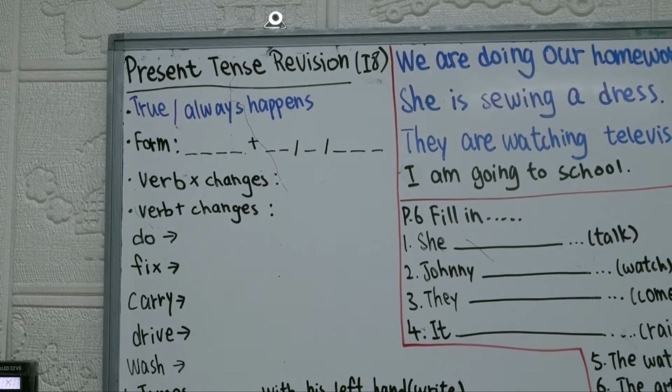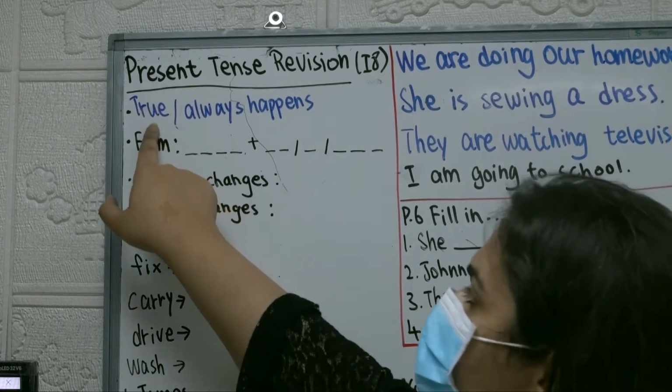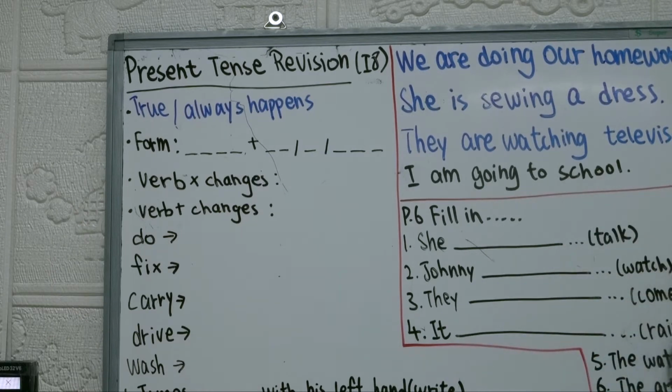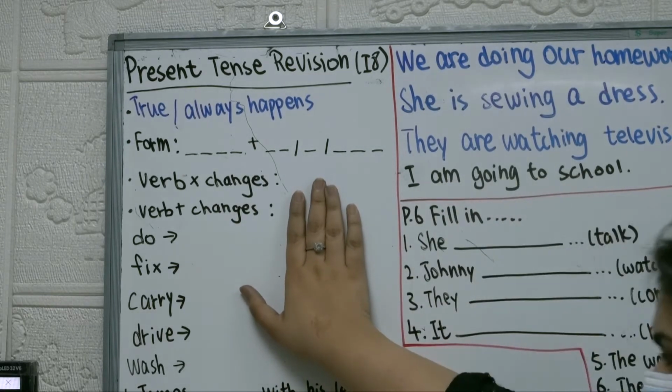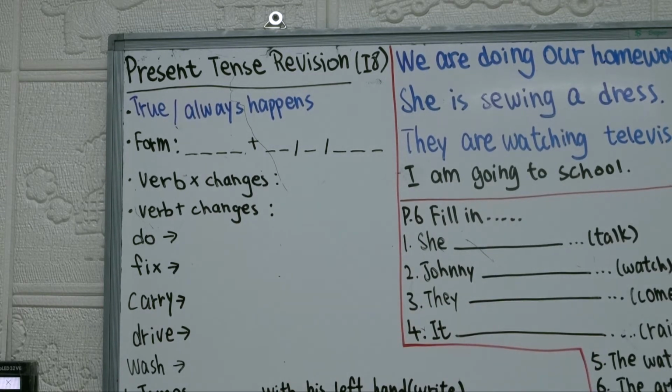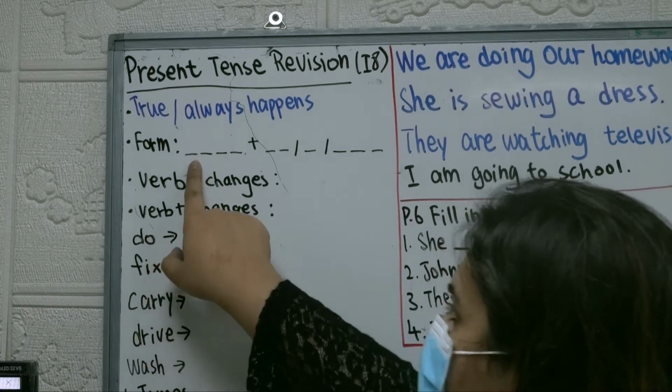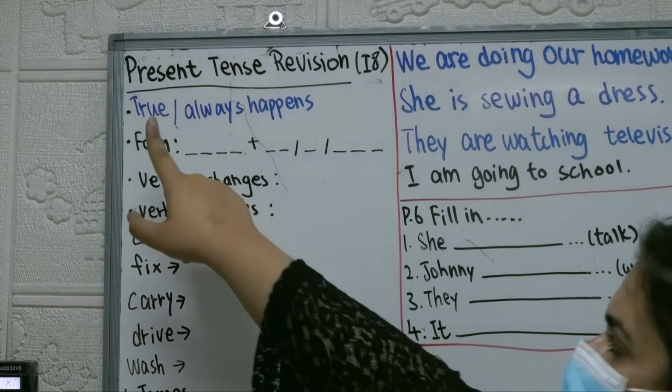And also we can talk about something that is true. So what is true? You can talk about yourself, right? And how do we form present tense? Do you remember how we form it? When we have to form a tense, it's very important we put something. So subject comes first, right?